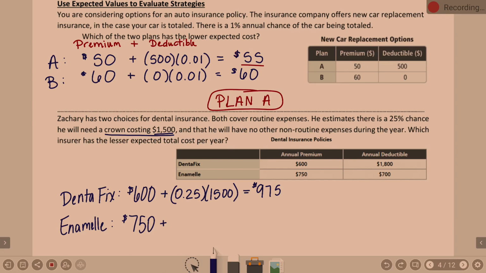So there's a 25% chance that he's going to pay $700. We're not going to use the whole $1,500 this time, just $700, because $700 is the max he pays. After he meets his deductible of $700, insurance covers everything else. So $750 plus 25% of $700 is $925.